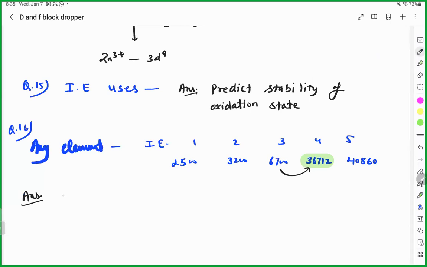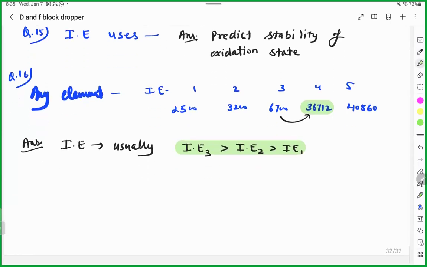When it comes to ionization enthalpy, usually, not always, the trend is that the ionization enthalpy value is higher. For example, the third will have a value more than the second, and the second more than the first. Usually this is the trend. Every time you remove an electron, the ionization enthalpy will increase.